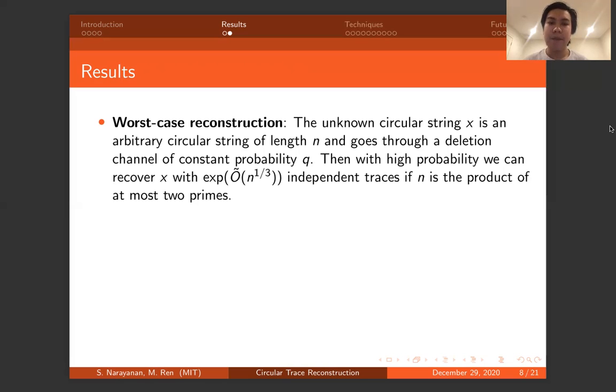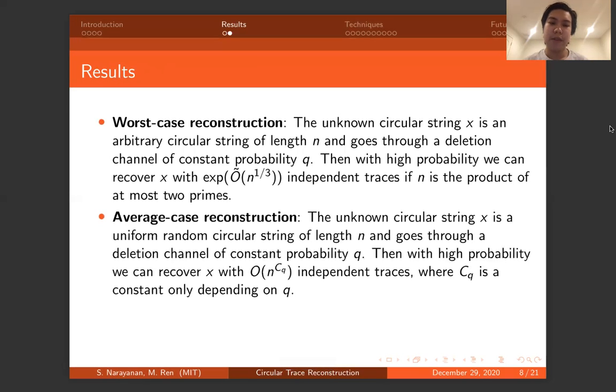So n is prime, the square of a prime, or the product of 2 different primes. The reason for this dependence on the prime factorization of n is that a certain part of our algorithm relies on a number theoretic condition that only holds for these n.